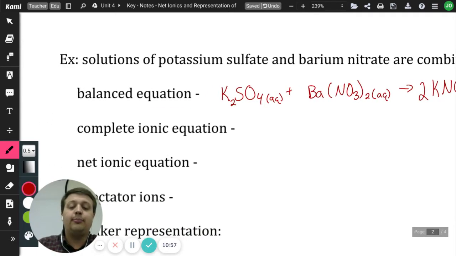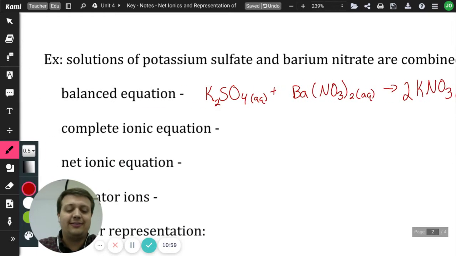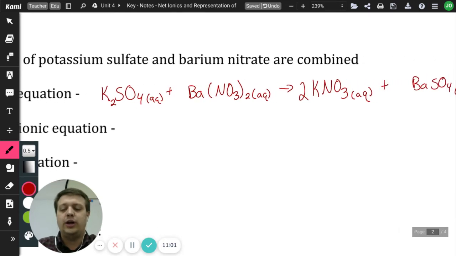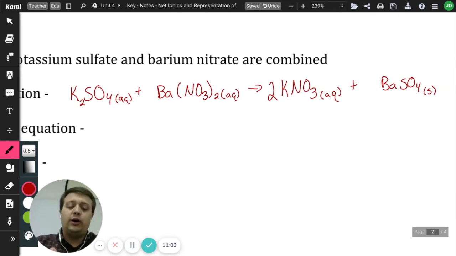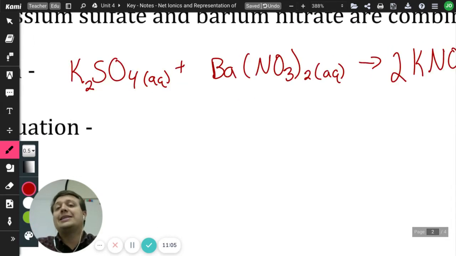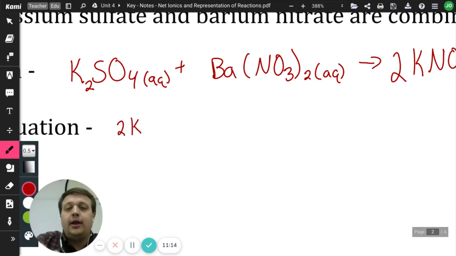So let's actually move on to our next step. So the next step is to write the complete ionic equation. So for the complete ionic equation, what I'm going to do is I'm going to actually go in and separate each of these ions out if it was aqueous. So here I've got 2 potassium, and it is the ion, right? I'm separating into its ions.